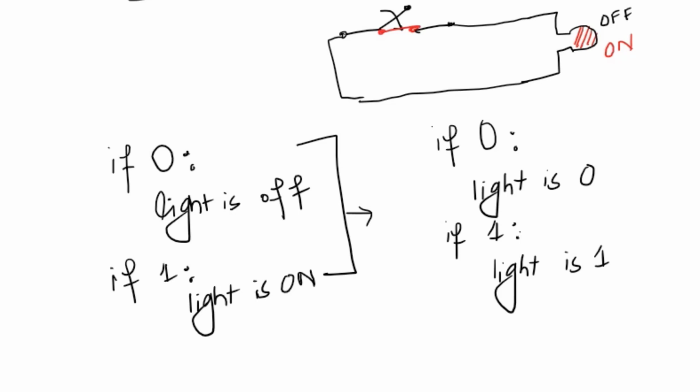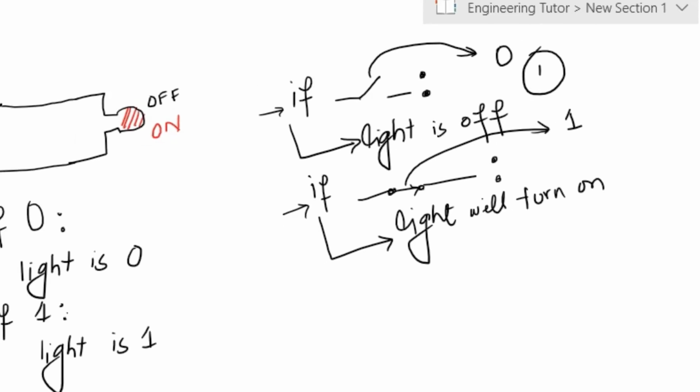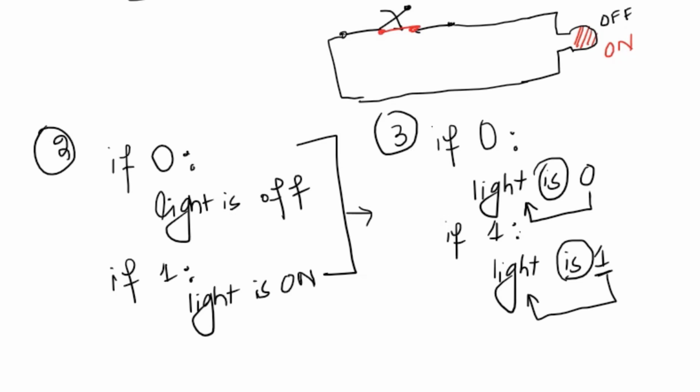Okay, so that is a very easy interpretation of our switch example, and we have transformed it from here. Let me call this the first, this the second, and this one the third statement. Now what we have been doing is, when the switch is in off condition, we have been assigning this 0 to the light. Similarly, here it is assigning this 1 to the light when the condition is true.